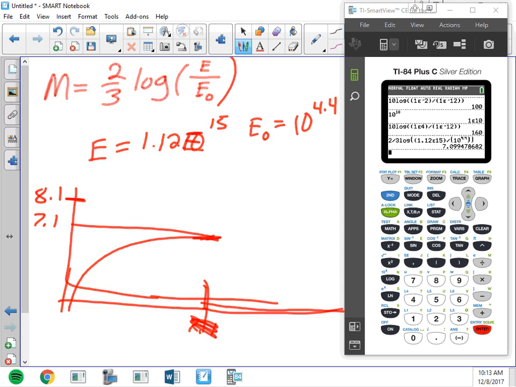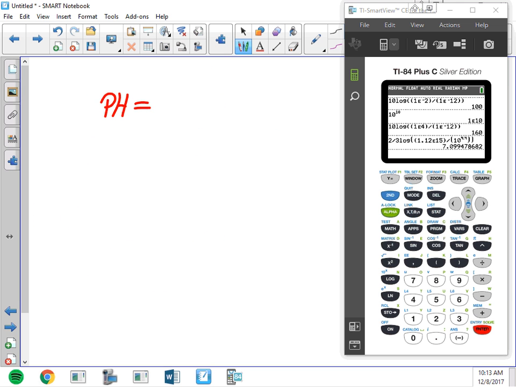And the formula is pH is equal to negative log base 10 of H plus. It will tell you in there what you need to plug in. So to go from a 7 to an 8 in pH takes a lot of hydroxides.